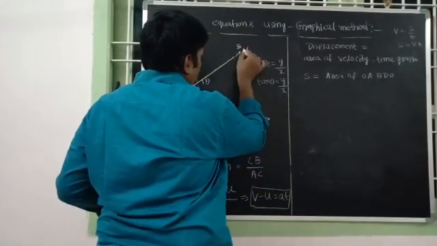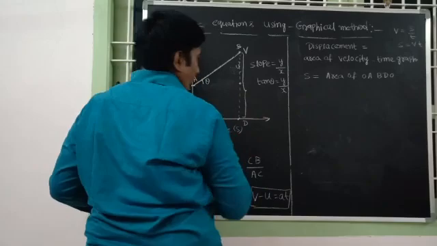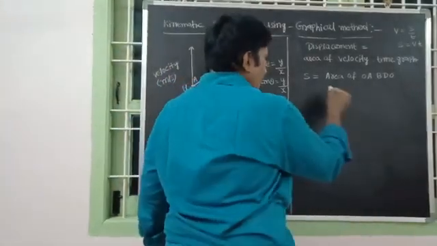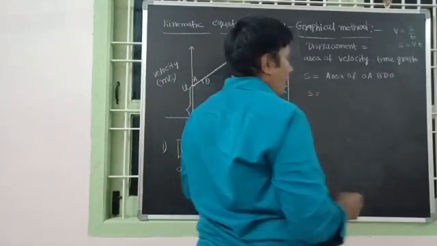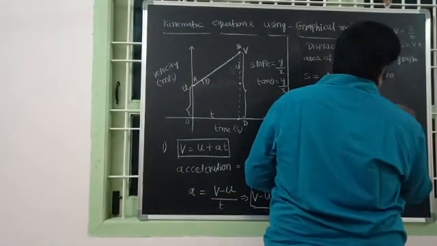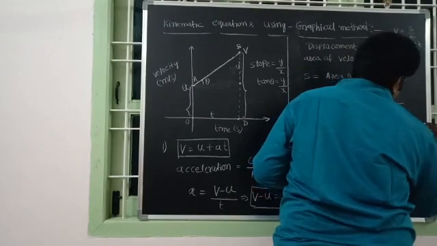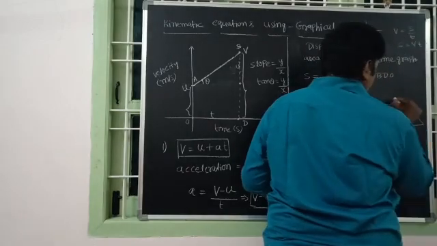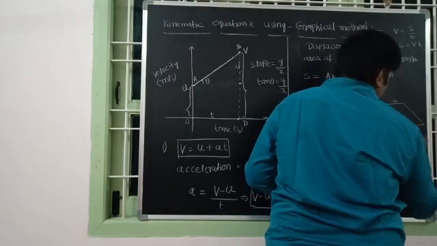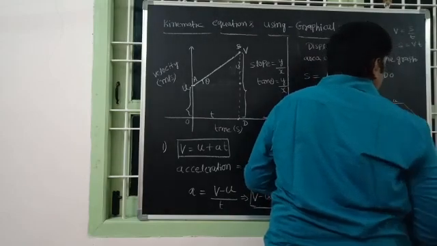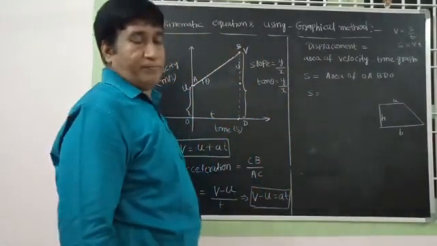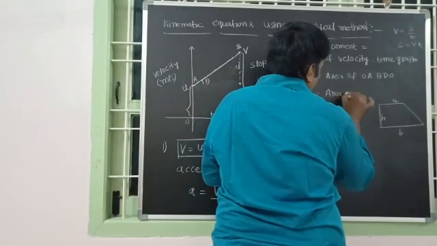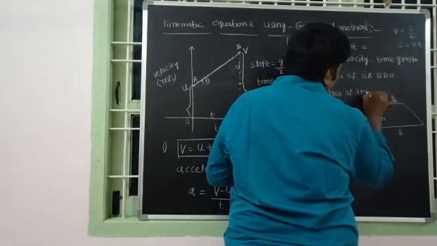This is the initial u I can take. You can observe clearly the shape is somewhat like this. So can anybody say what the shape is? This is nothing but the area of a trapezium.